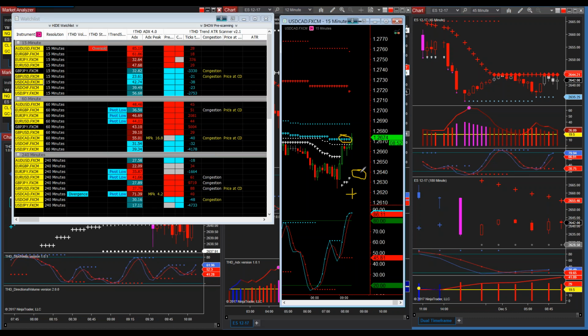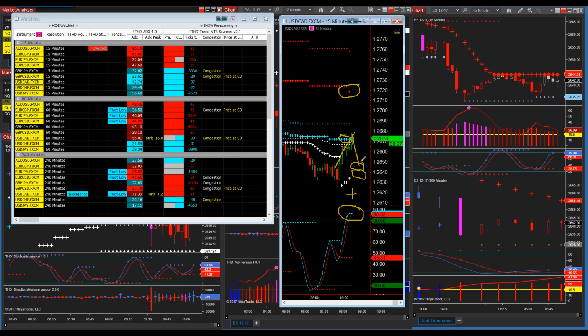When that happens, I would be interested in taking a trade because more than likely it will come to this ATR. This is just the way it plays the ATRs. So right now, especially with it being overextended on the stochastics, I'm expecting it to come back. When it comes back, that's when I'm interested in it.